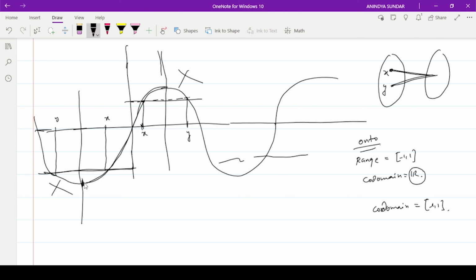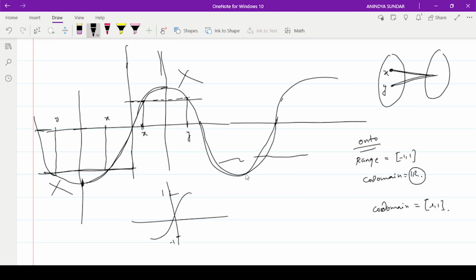So if I pick this portion, from this to this, I can see that my codomain is basically -1 to 1. And I'm avoiding this particular portion for one reason. Suppose I pick this portion, then obviously this is not going to be 1 1.